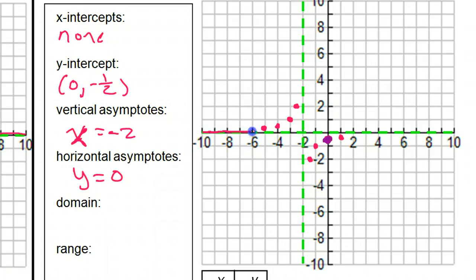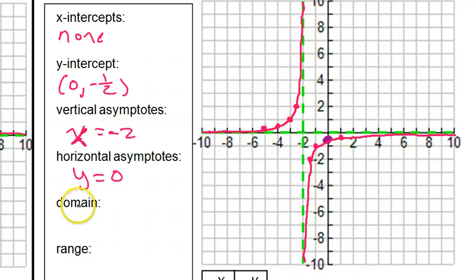It must be doing this type of a thing. All right, so your graph should look very much like that.